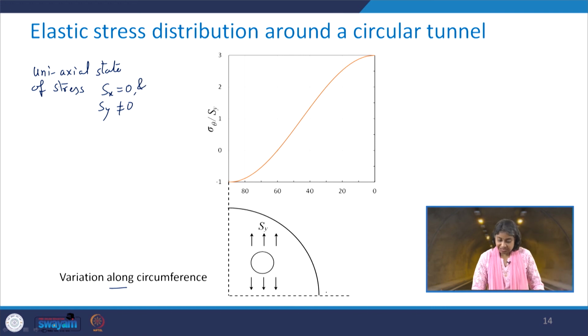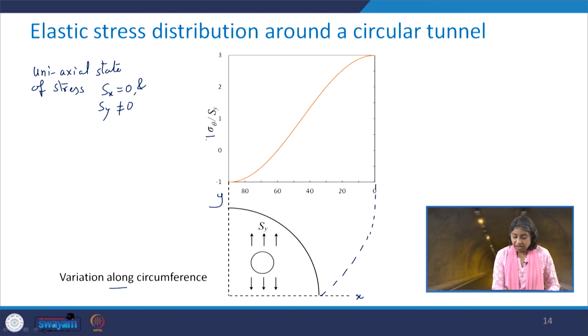Now, how has this been plotted? You see that theta equal to 0, this is kind of your x direction and y direction, so theta equal to 0 will correspond to this. This has been mapped in this particular manner to this value, and this is sigma theta by Sy.